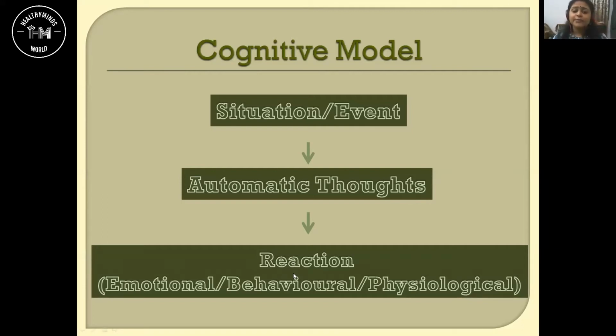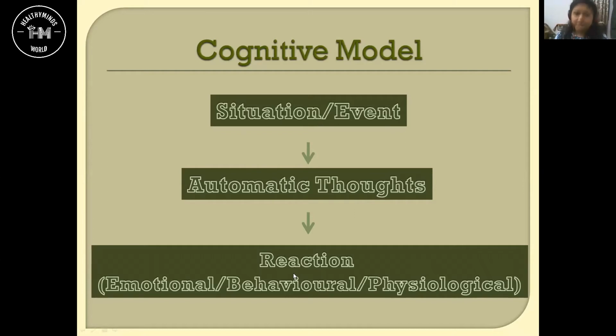So in any situation, circumstance, or event, when it is happening, there is a reaction which comes in. What goes between a situation and a reaction is the automatic thought. This is the reason why, if we put 100 people in the same situation, different people give different reactions.